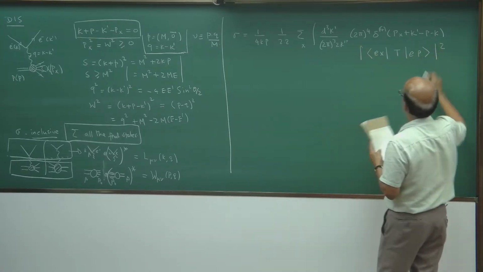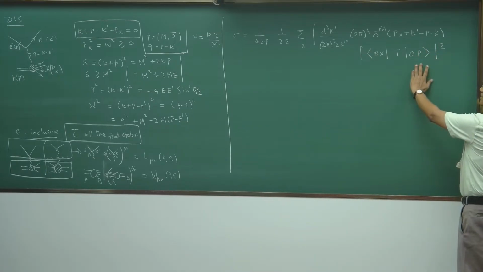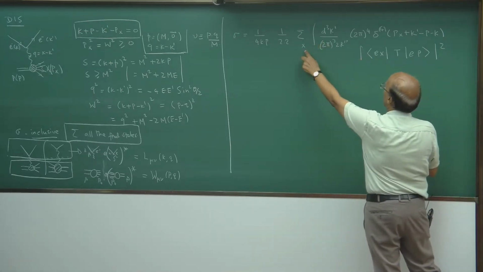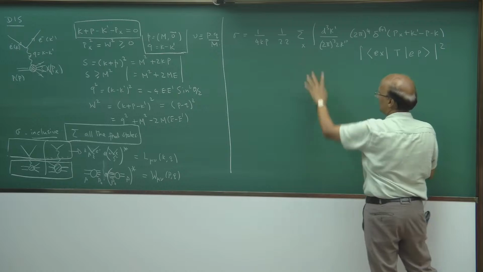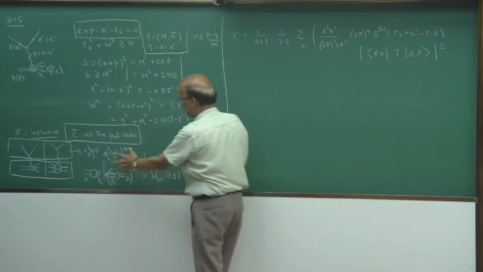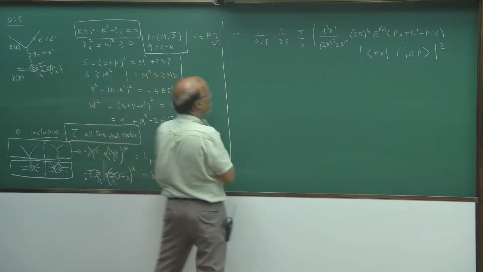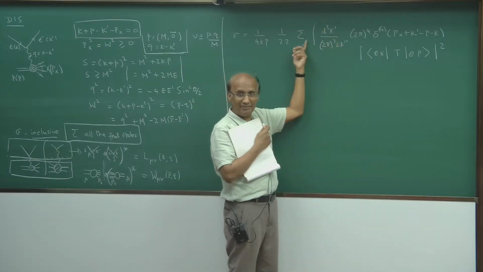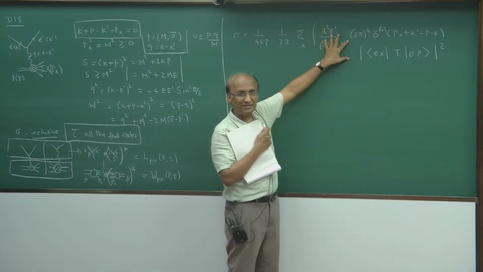So this is the amplitude for the process, and this is the sum over all the final states. This symbol denotes you sum up all the final states produced in this reaction, and I have separated the leptonic part from the remaining parts actually. So these are the two summations that you require to do.